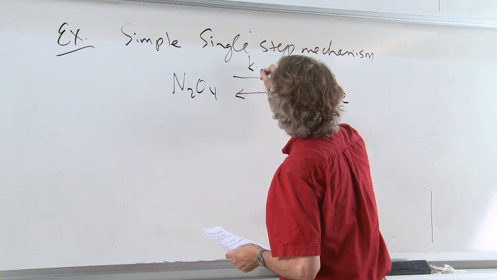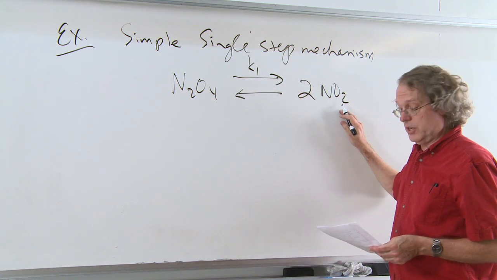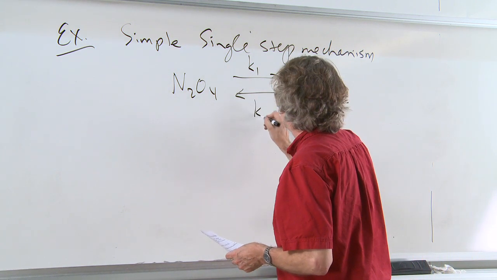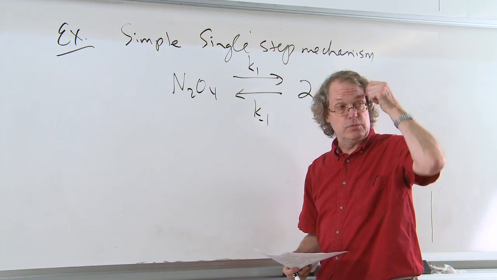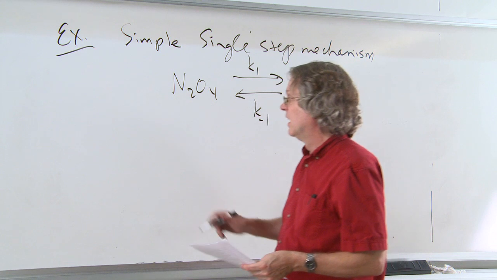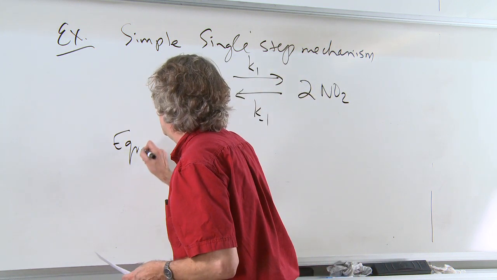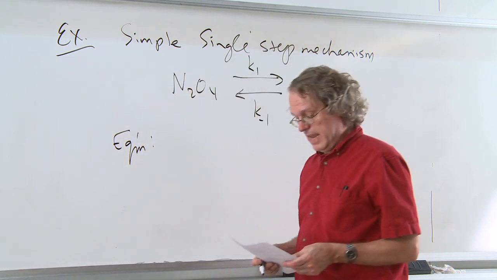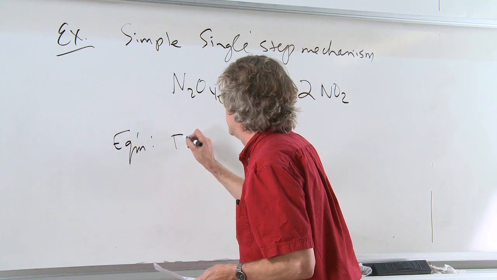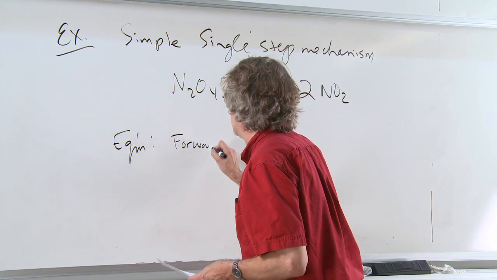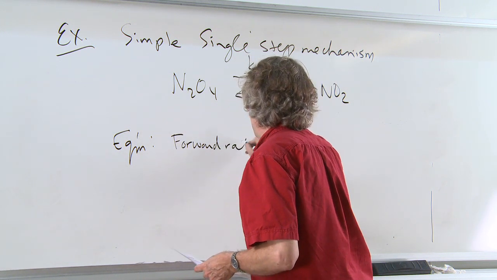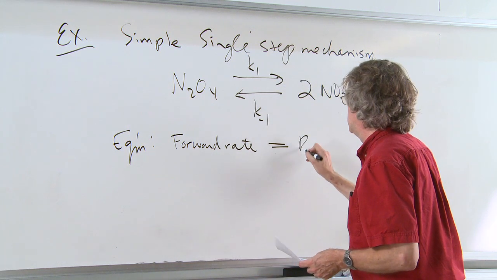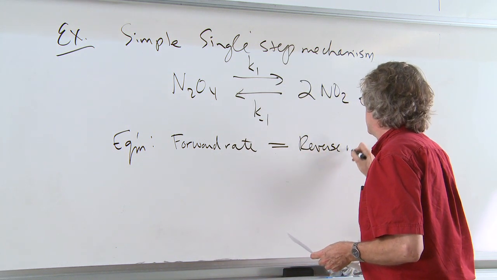So there's a rate constant for going in the forward direction, k1, and there's a rate constant for going in the reverse direction, which we'll call k to the minus 1. As we just said, at equilibrium, the forward rate has to be the same as the reverse rate.